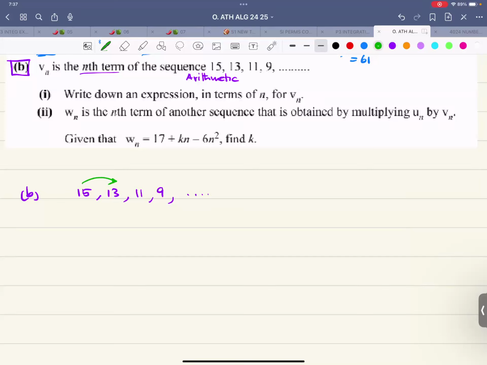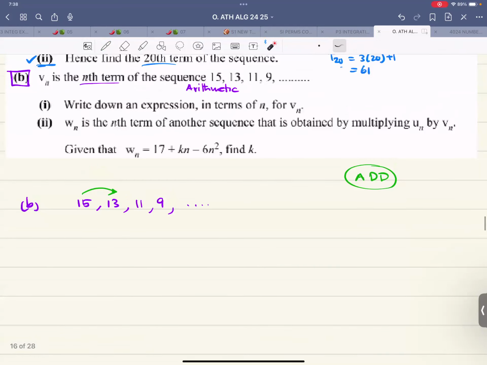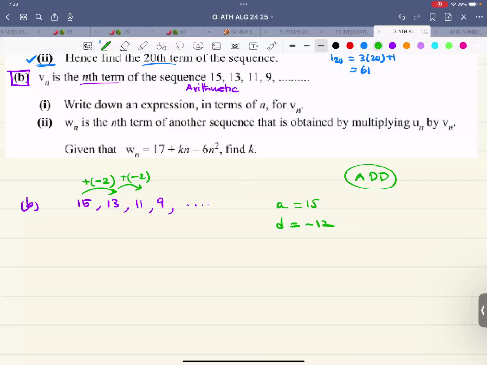We will use the term add rather than subtract, so it's about adding a negative value. We are adding negative 2, and negative 2, and negative 2. That means the first term is 15 and the common difference is negative 2.